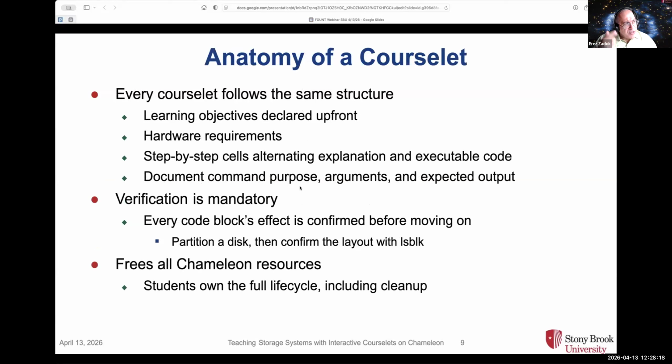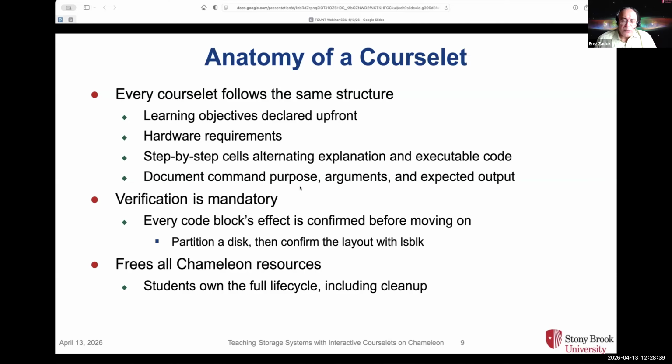Our experience in the first parts of this project taught us how to structure these courselets for storage systems, in a nice standard structure for each of them. We start with learning objectives right up front, so that people know what they're going to get at the end of it.